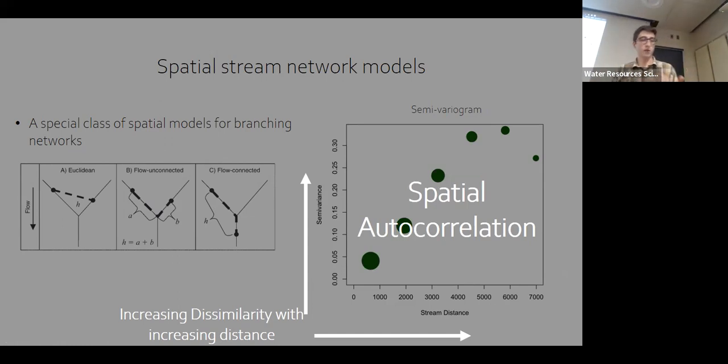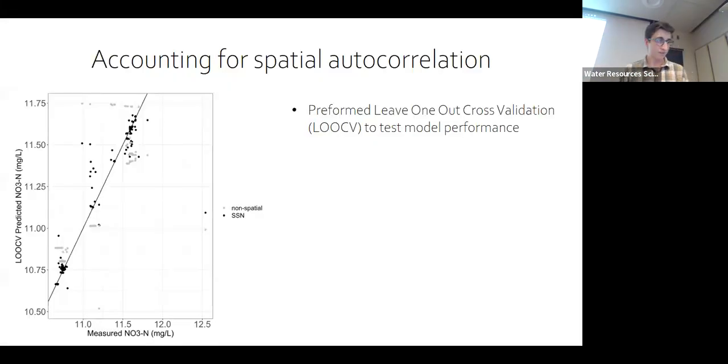So if we account for this spatial autocorrelation in this simple model, we can better isolate the effect that the landscape is having at individual points that we measure along the stream. So we can run the same model, but this time accounting for that spatial autocorrelation, and perform the same leave-one-out cross-validation test.